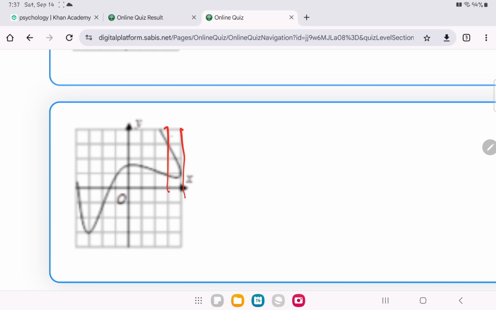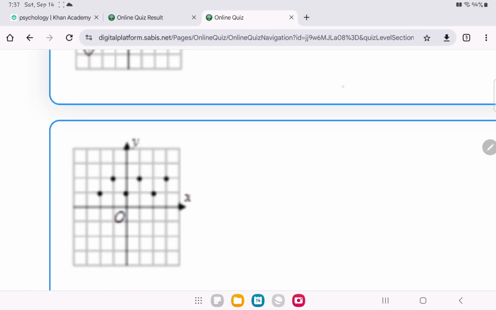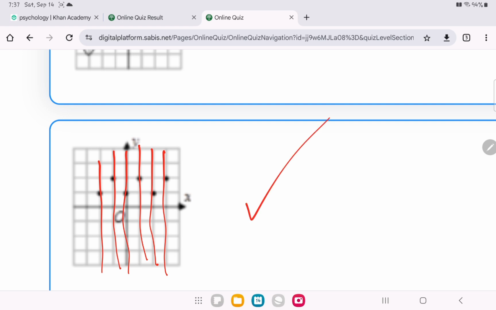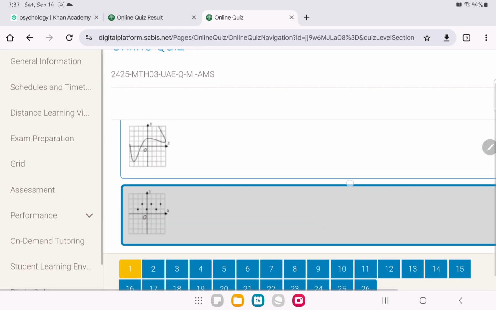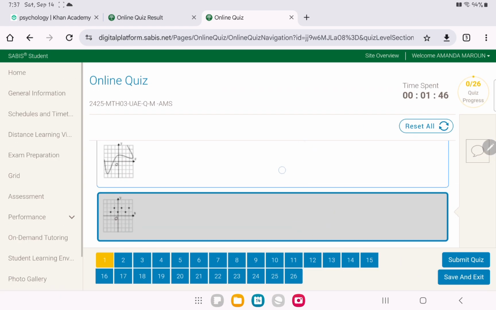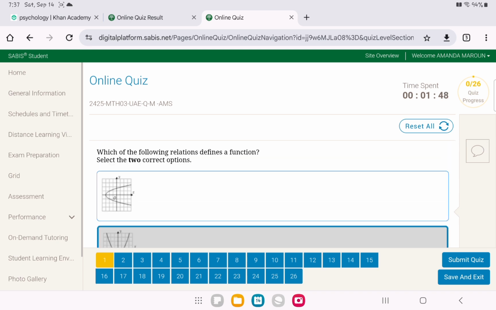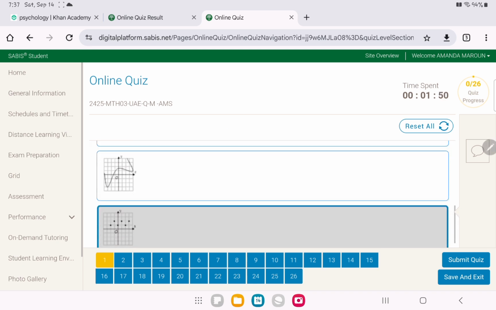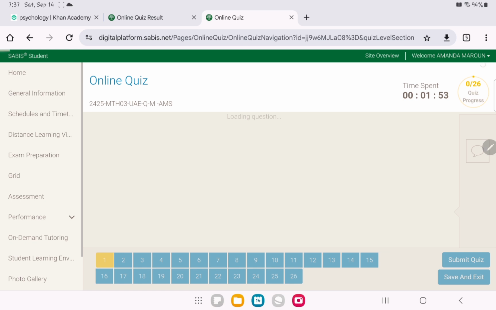This one is also not a function because on this vertical line we have 2 points that meet. This is a function because there are no 2 points that are on the same vertical line. So that means the only 2 correct options are this one and this one.